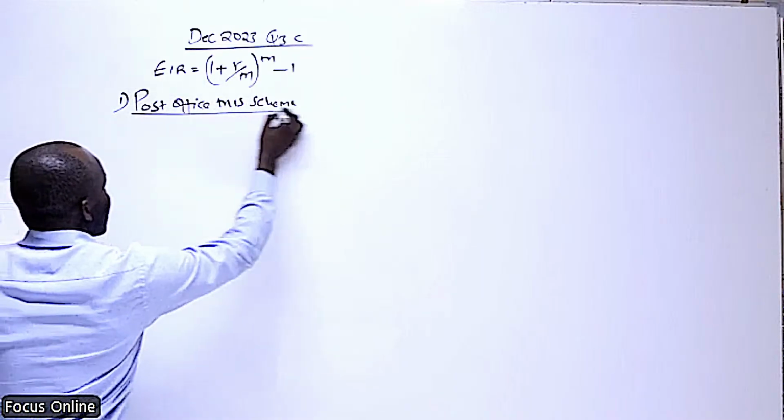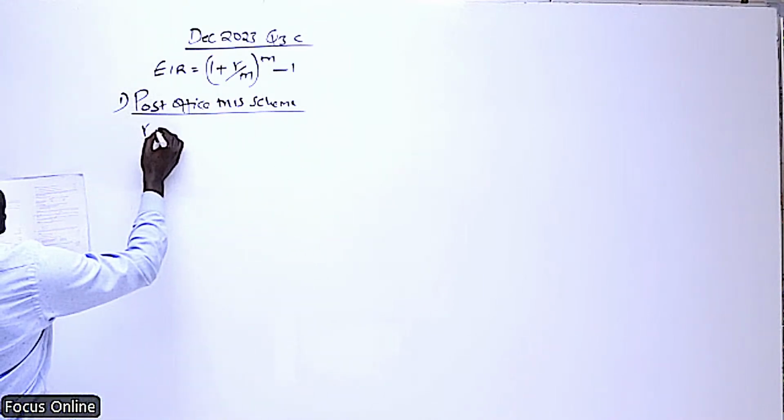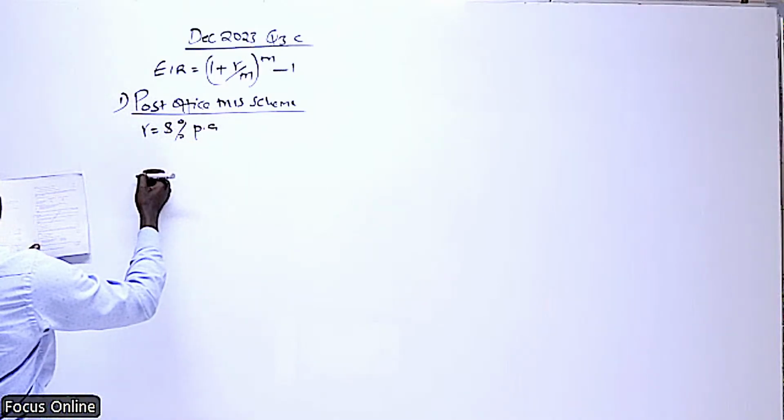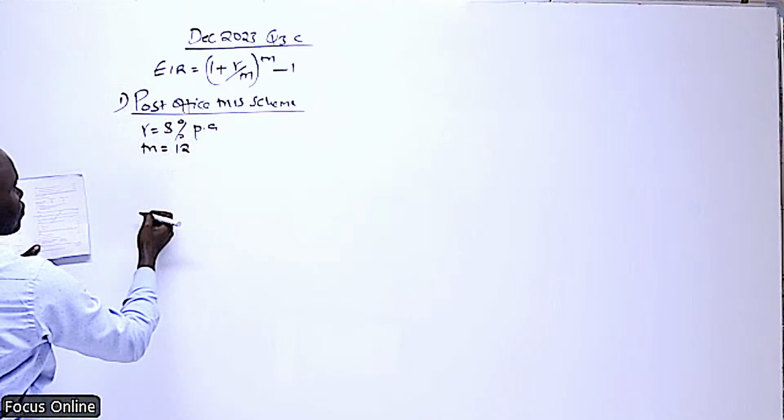Post office MIS scheme. The interest rate here is 8% per annum. The payments here are monthly interest, so our M is 12.